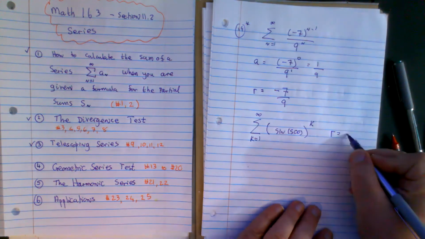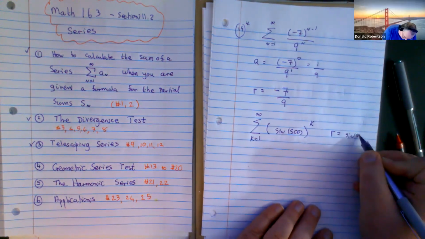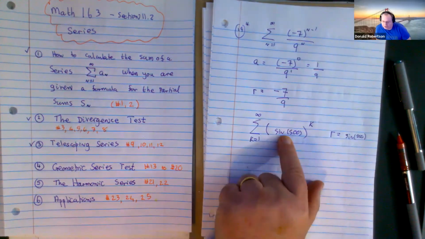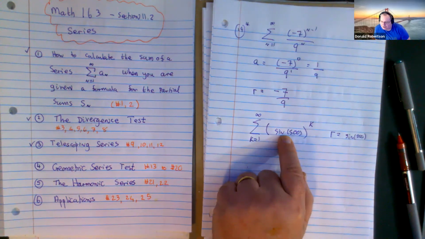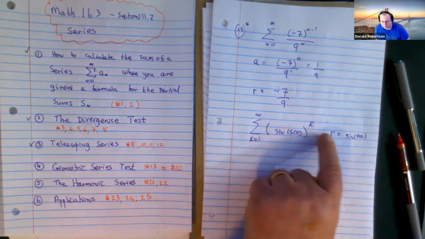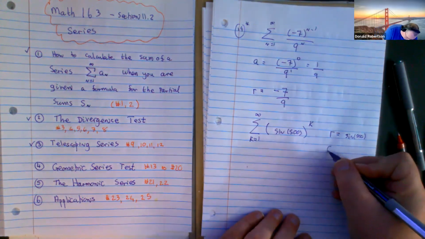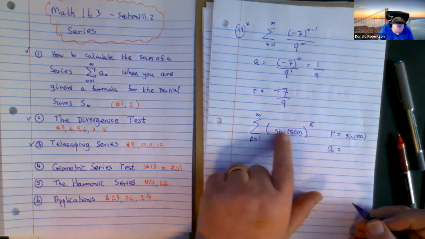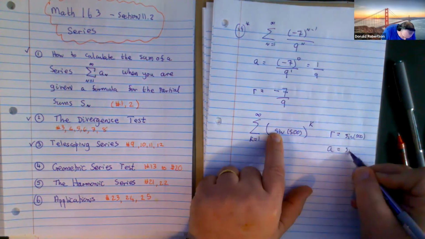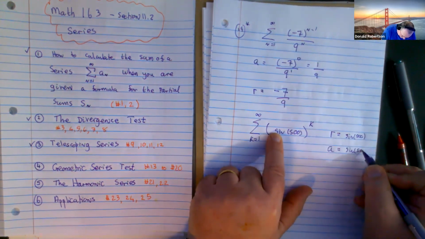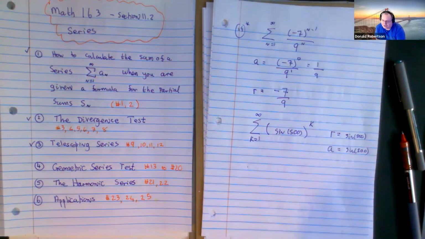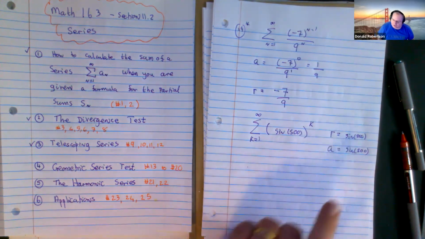Yep. Sine of 500. I mean, aren't you used to a half and 3/4 and 1.7s and things, right? But isn't that a number? And it's a number raised to a power, so that's R. If you wanted to find A, which we do, don't you just plug 1 into this expression, and oh, you also get the sine of 500. So there's a geometric series where the A value and the common ratio are the same.